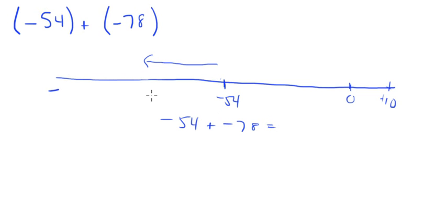I'm going to be negative, and I add these two numbers together, negative 132, right? And look at rule number 1. Rule number 1 explains that. It says the sum of two numbers with the same sign, and these both have the same sign, right, has an absolute value equal to the sum of their absolute values.